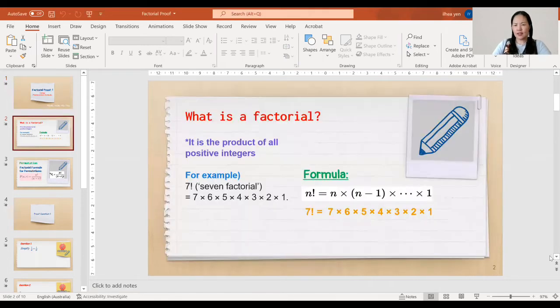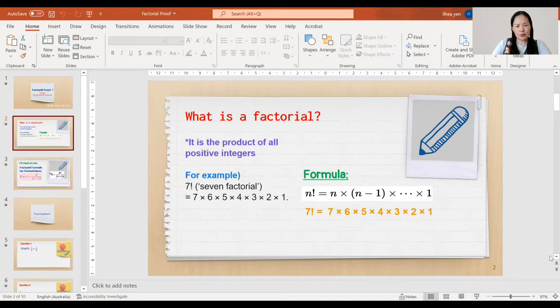What is a factorial? It is the product of all positive integers. And with the notation, of course, 7 factorial, we use the exclamation mark there, and we do use a calculator on that one. Now, unfortunately, in this video all the questions we have are non-calculator ones.